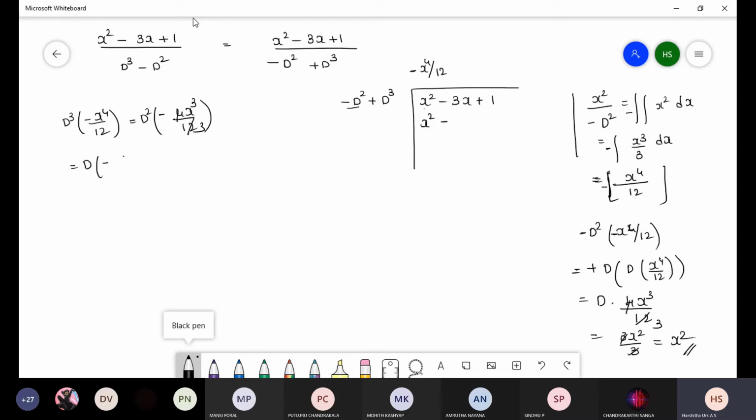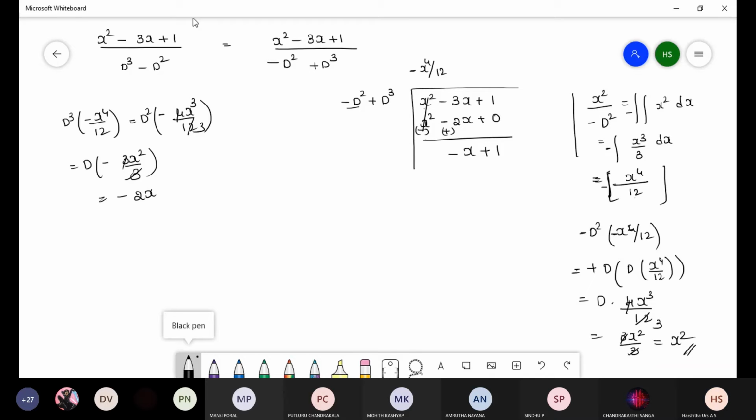Second differentiation 3x square divided by 3. 3 will get cancelled. Last differentiation minus 2x. So I write here minus 2x. One more term is not there, so I will write 0. Change the sign: here minus minus, here plus. Minus 3 plus 2 is minus x plus 1.